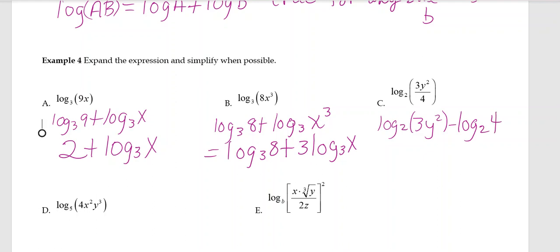All right, now we got to divide the first one, the 3y squared, even further. So we've got the log base 2 of 3 plus, and I'm going to go ahead and bring my 2 out front, 2 times the log base 2 of y, and then the log base 2 of 4 is just 2, of course.